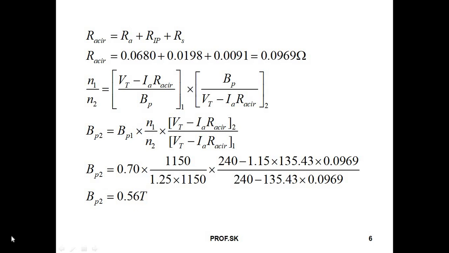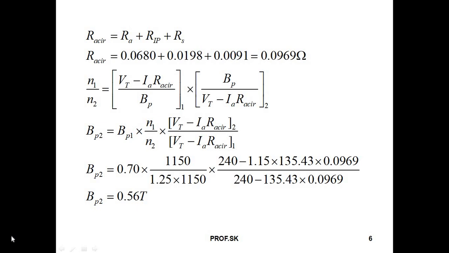Total resistance in the armature circuit is equal to RA plus R interpole plus R series, then 0.0680 plus 0.0198 plus 0.0091 is equal to total armature resistance 0.0969 ohm. Then N1 divided by N2 is equal to Vt minus Ia Ra divided by Vp, then in proportion Vp divided by Vt minus Ia Ra.